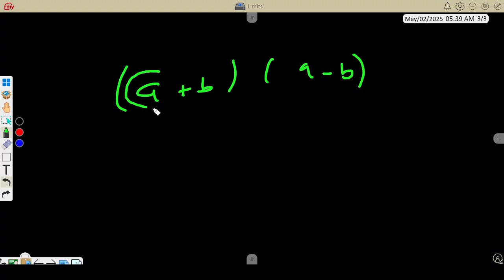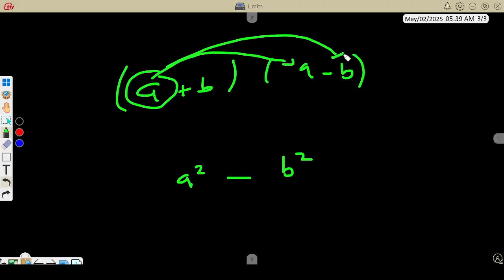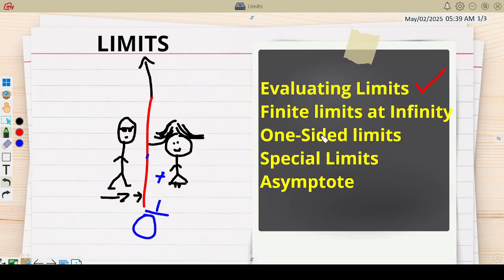What you simply do is you get one thing, you put a square, and then minus the other thing, you put a square. Yeah, so this always works very well. You can try it, or you can always do the normal one: a times a, a times b, b times a, b times b. Yeah, so whichever method you choose, that's okay.